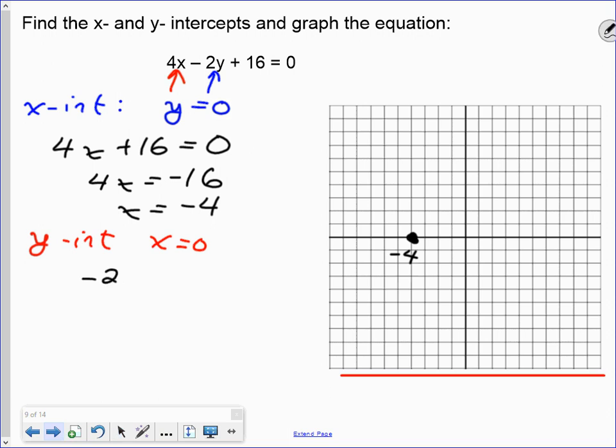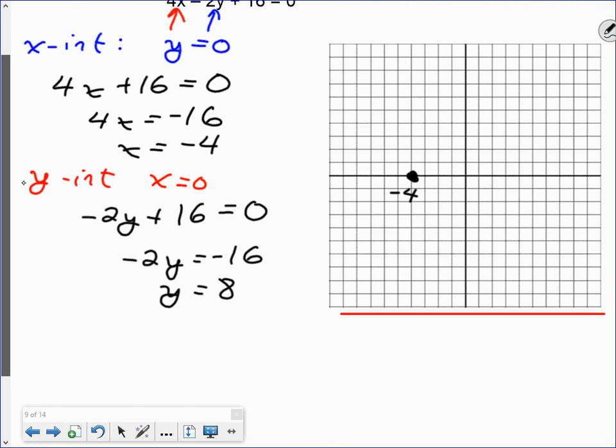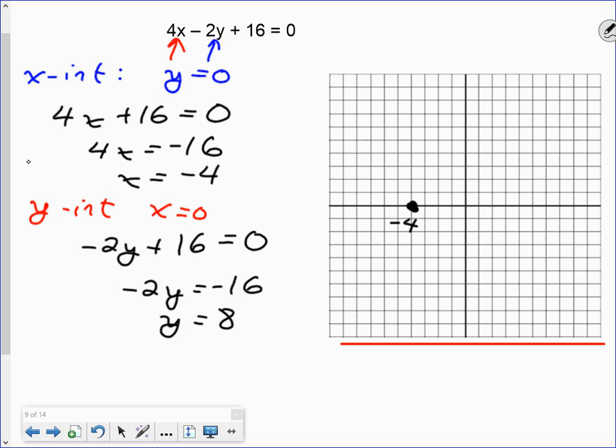We'll have negative 2y plus 16 equals 0. We'll subtract 16 from both sides, divide by negative 2, y equals 8. So our y-intercept is going to be way up here at 1, 2, 3, 4, 5, 6, 7, 8.